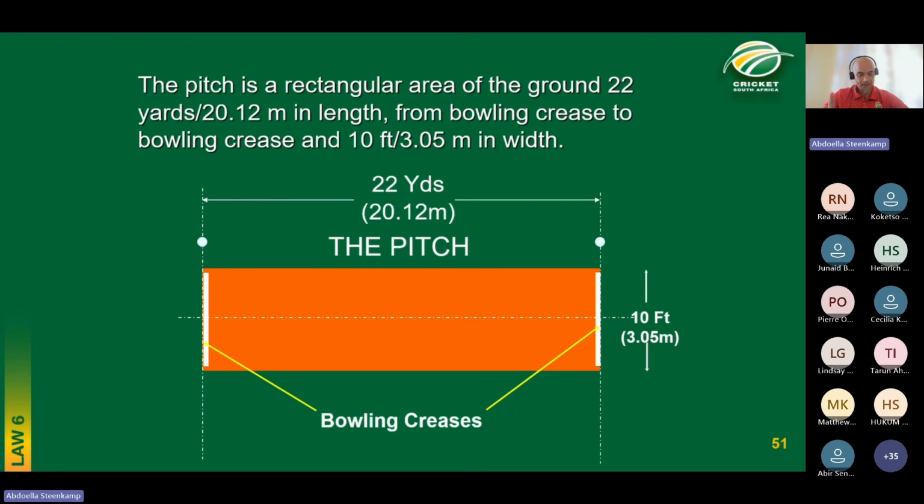But what I want to point out is that the length of the bowling crease is 2.64 meters, but if you look at the width of the pitch, it's 3.05 meters, so slightly longer than the bowling crease.